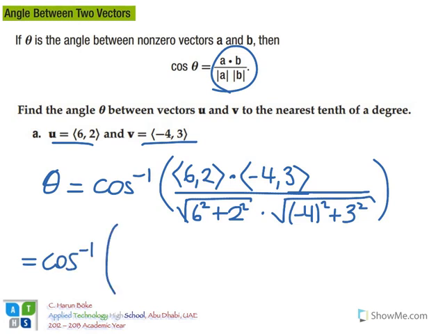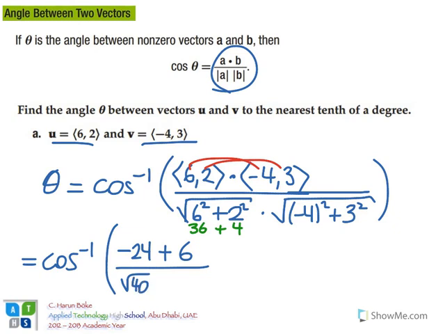So if we go on, we have inside the brackets, well, 6 times -4 is -24, plus 2 times 3 is 6, divided by, well, here 6 squared is 36, 2 squared is 4, so they add up to the square root of 40, times, here we have -4 squared to be 16, 3 squared to be 9, so they add up to the square root of 25.